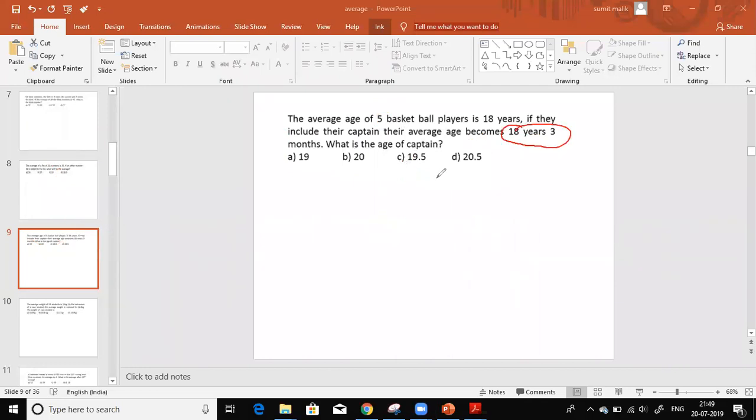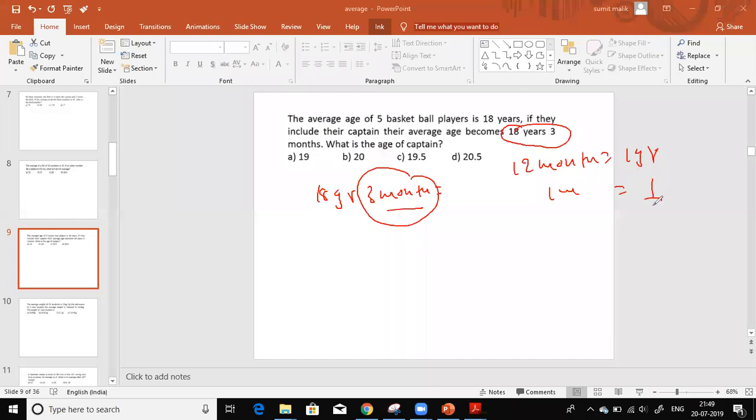This is 18 year 3 month. So you just convert it into years to make your calculation easy. 12 months is equal to 1 year, so 1 month is equal to 1 divided by 12, and 3 months is equal to 1 by 4 year.